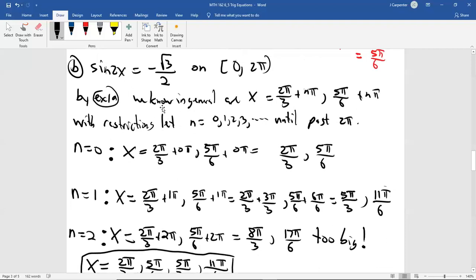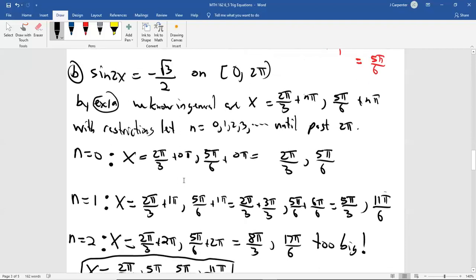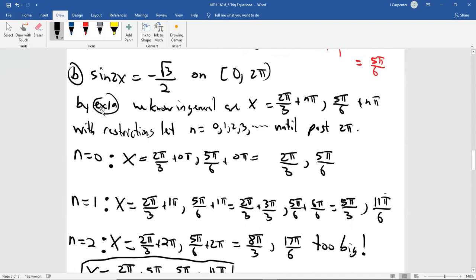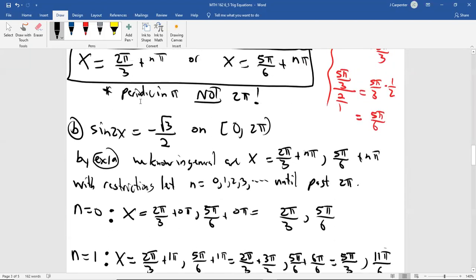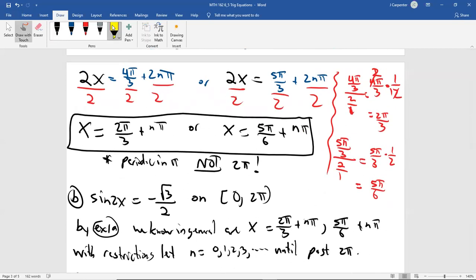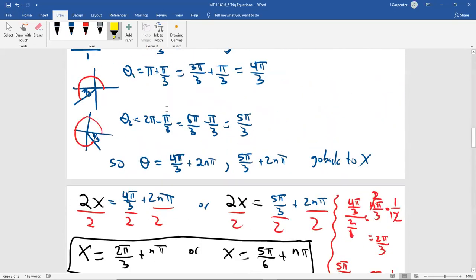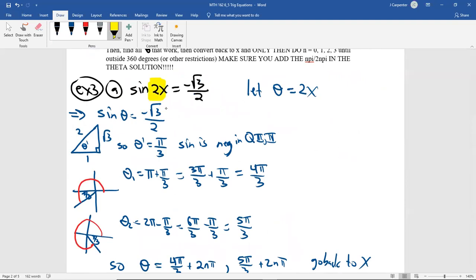That's a long problem because in doing this problem, we didn't even do half of the work because I borrowed it from a previous example. Imagine if I hadn't done it that way, we'd still be working on the problem. So when the inside is not just an x or a theta or a y or just a single letter, if there's a multiplier there, it complicates things more than anything else in this entire section, in my opinion.